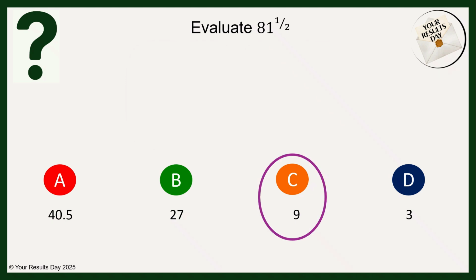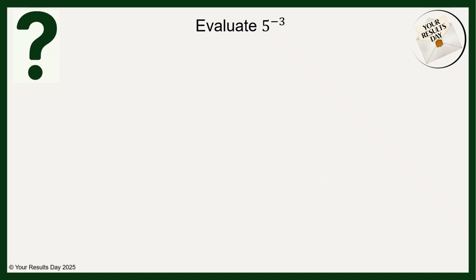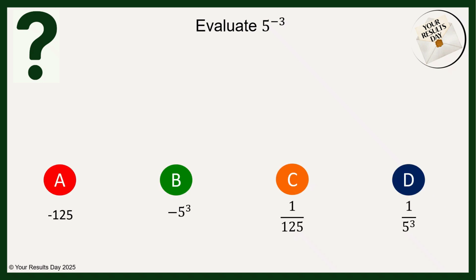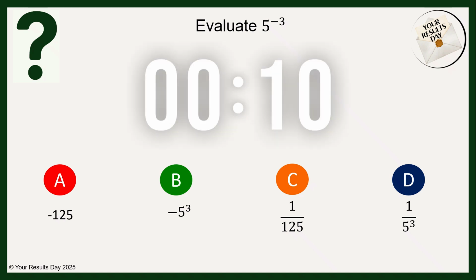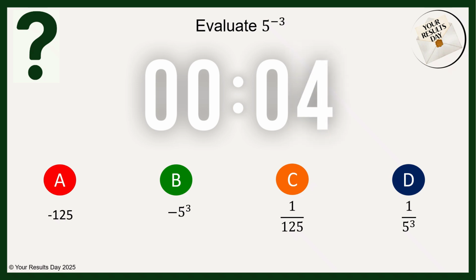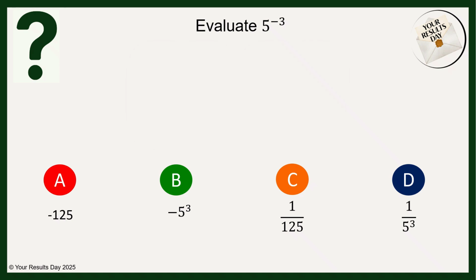It's the same as doing the square root, so that one was C, 9. And one last one with a negative power. We've got 5 to the power of negative 3. If you said C, 1 over 125, you would be correct.